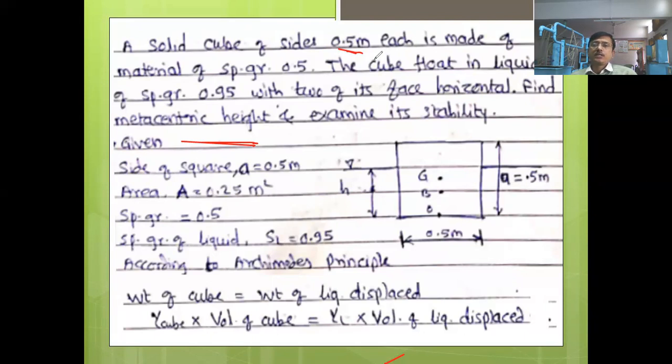The cube floats in a liquid of specific gravity 0.95. Now the liquid is not water here, it is something different. The cube floats in a liquid of specific gravity 0.95 with two of its faces horizontal. Find the metacentric height and examine its stability.